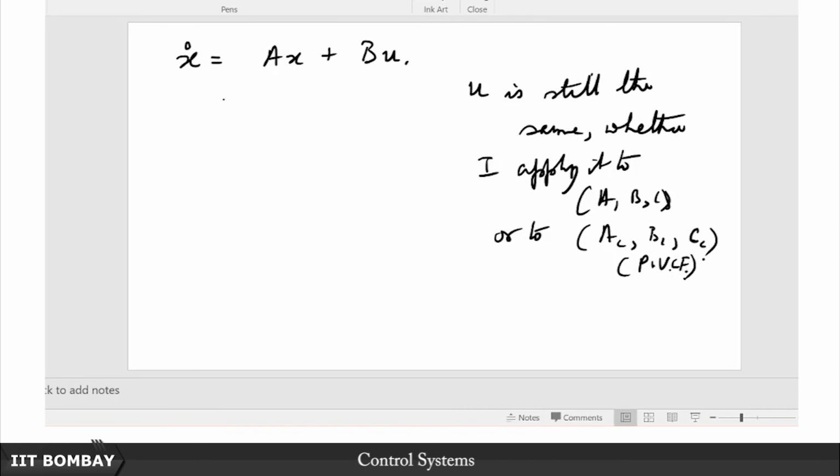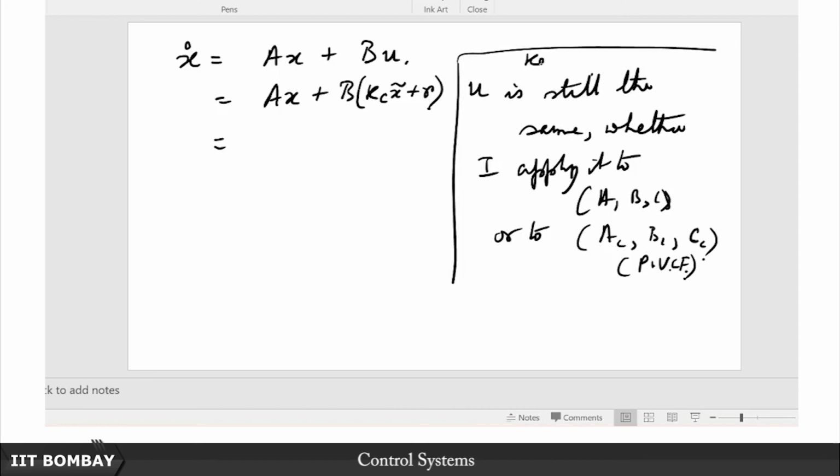Now what then should this be? I know what this is, Ax plus Bu, and what is this u? This was nothing but Kc x tilde plus R. Now I have already got my recipe. This is the crucial observation, the key observation. Why is this key observation true?